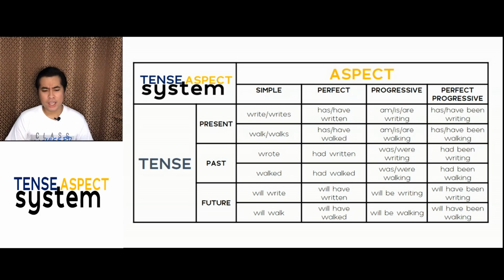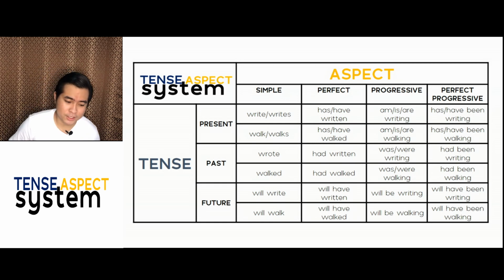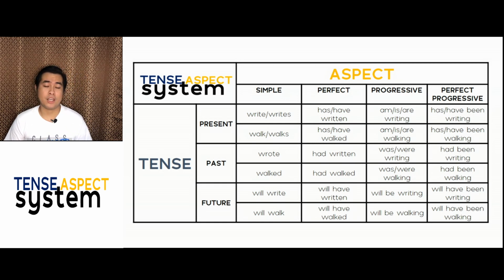But again, it's not bad if you just use the simple aspect always when you write your sentences. It just adds to the style of writing, to having a wide array of choices of sentence structure or form. So it adds to the variation of our sentence styles.